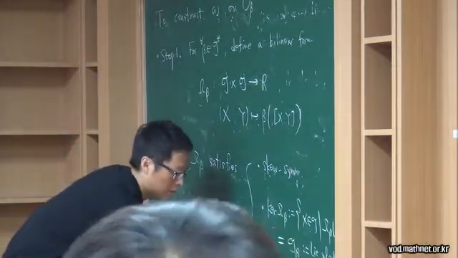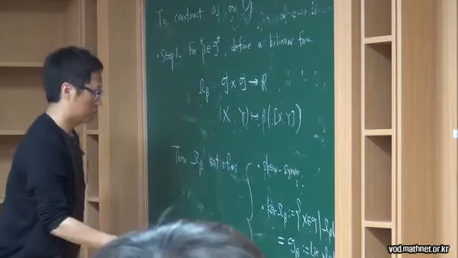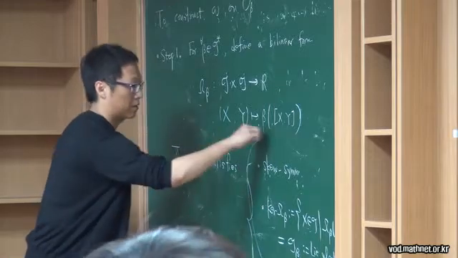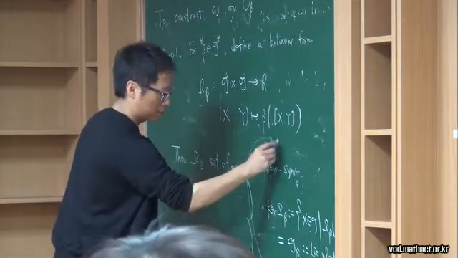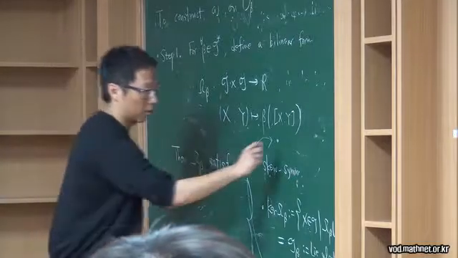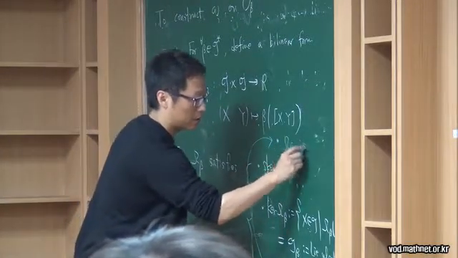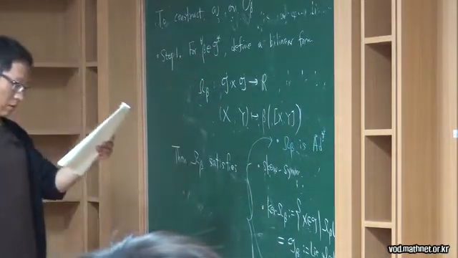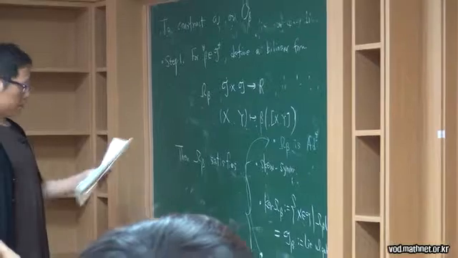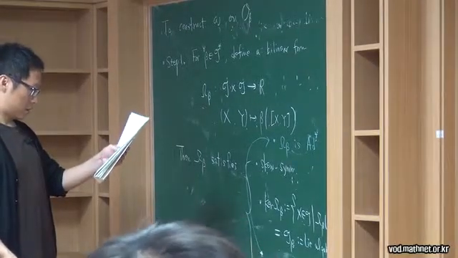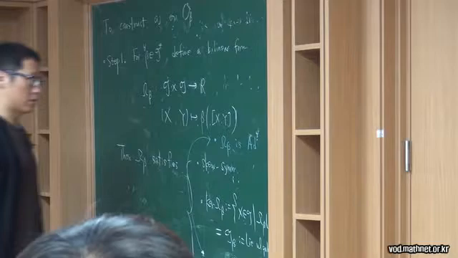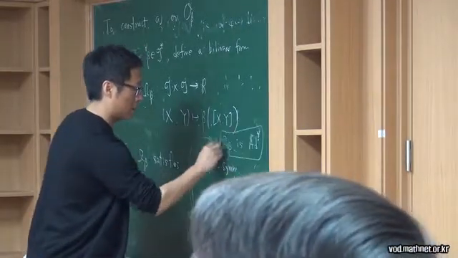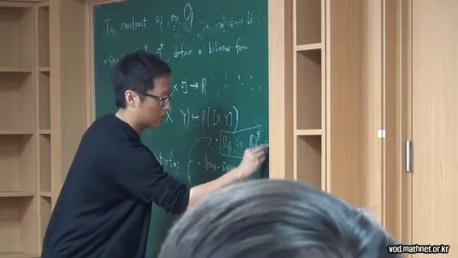And the third one is that omega beta is invariant under the co-adjoint action.